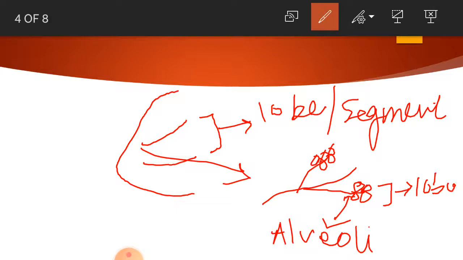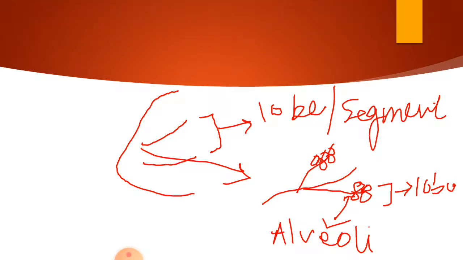Each lobule consists of alveoli, and the alveoli will be drained by the lactiferous ducts, which will drain the milk towards the nipple. So that's all about the structure of the breast.